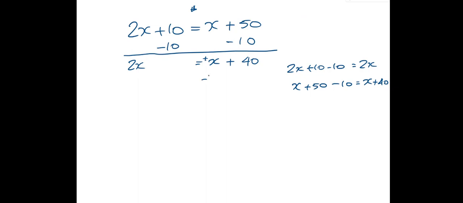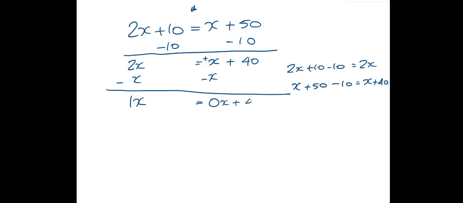So if I take an x away from that side and I take an x away from that side, I'm good. 2x minus x is 1x. x minus x is no x, and the 40 stays there. So we've actually solved it. We can rewrite this. x equals 40, and we're done.